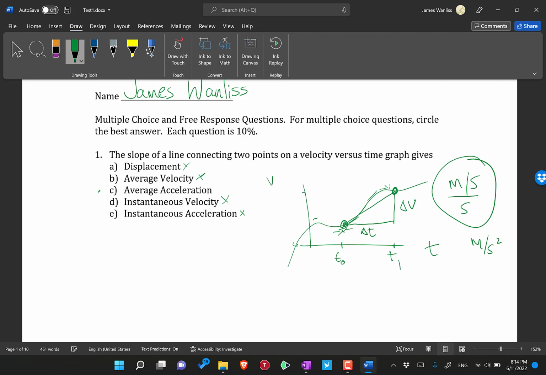Delta v is v0 and v1, those 2 points there and there. So delta v over delta t is an acceleration, that's the units, meters per second squared, and it's not instantaneous because it's over quite an extended period of time, delta t. It has to be C. That's the answer, that's the boxed answer.